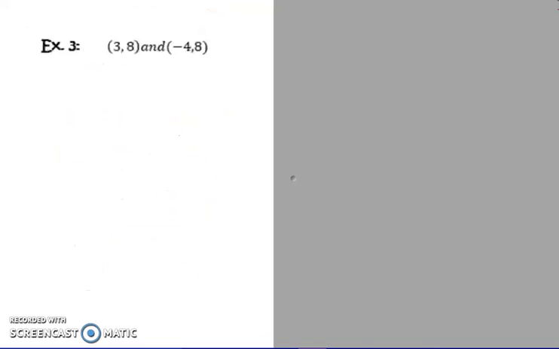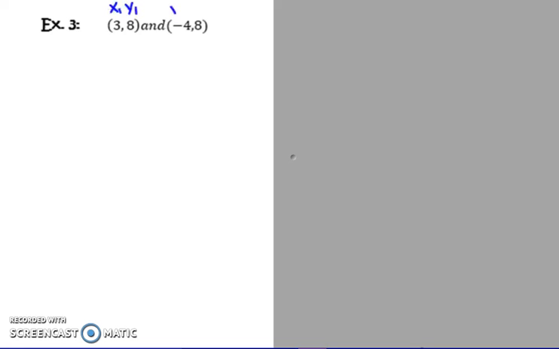If we look at example 3, again, label your points, x1, y1, x2, and y2. If I find my slope, or my m, we're going to have 8 minus 8 and negative 4 minus 3.